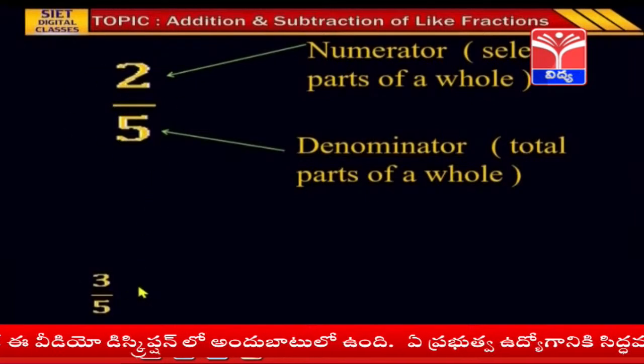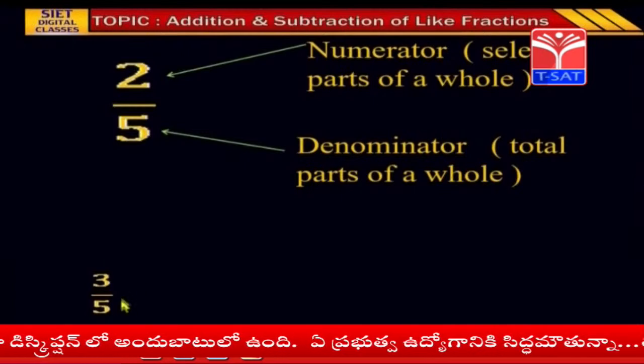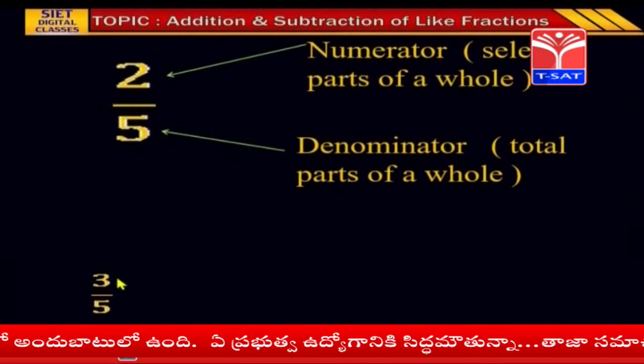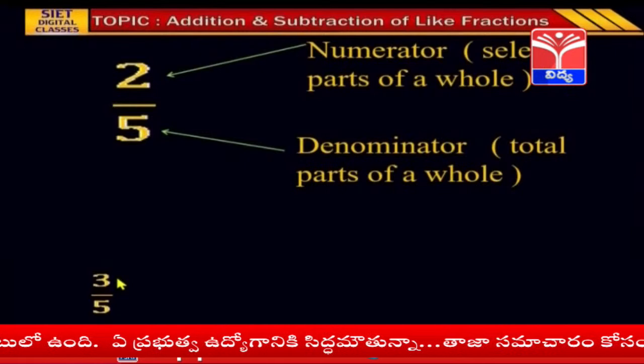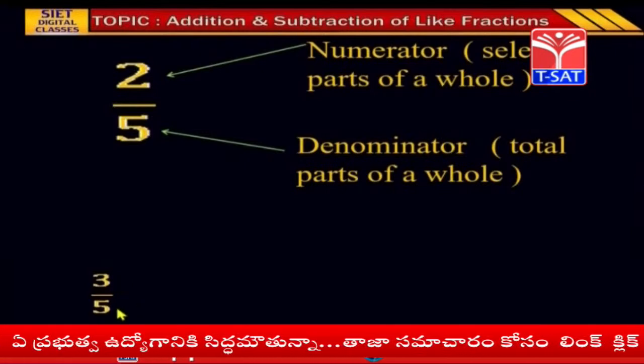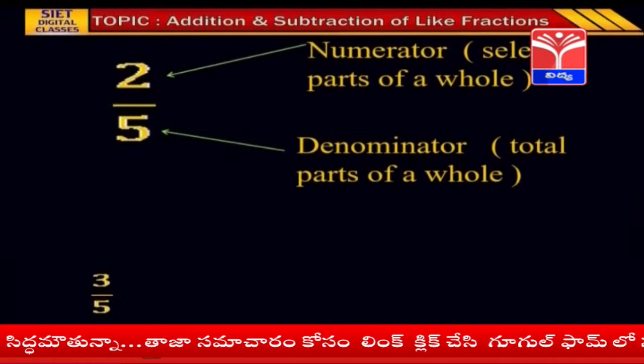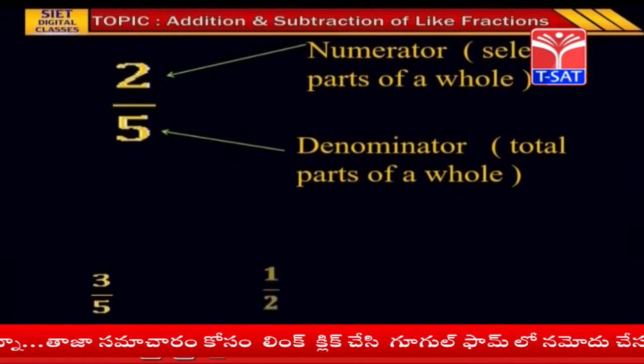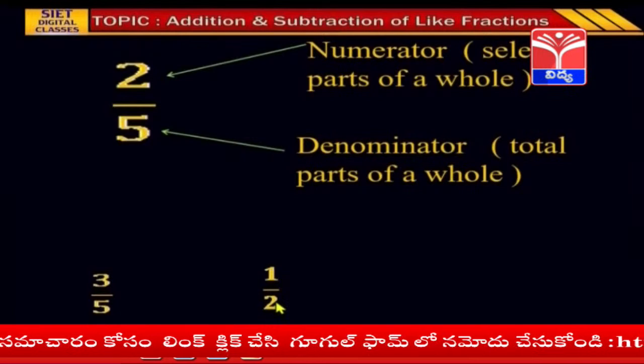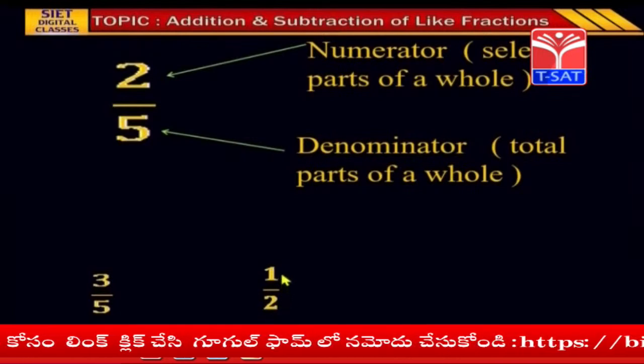Then see children, here 3 by 5 is there. What is 3? 3 is a numerator, that means selected parts of a whole, and 5 is denominator, which is represented as total parts of a whole. And see another fraction, 1 by 2. Here 1 is numerator.